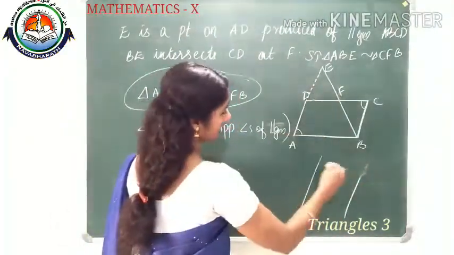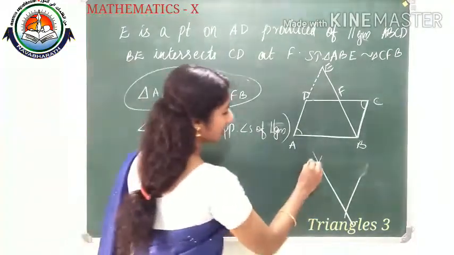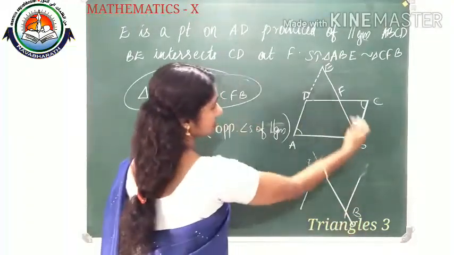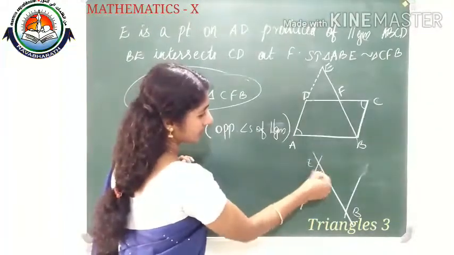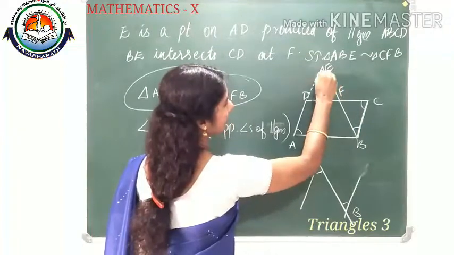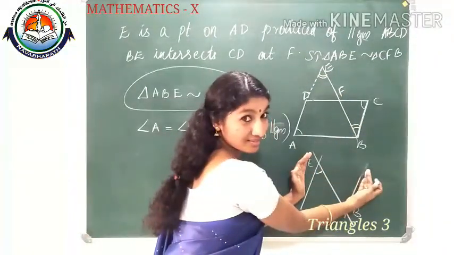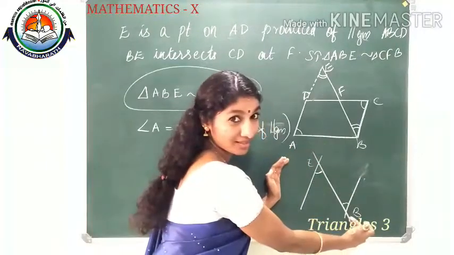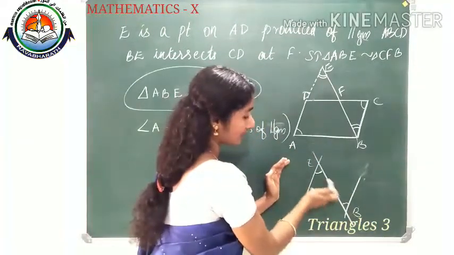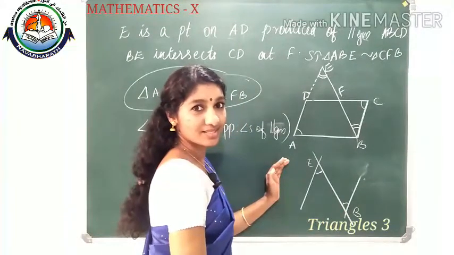And what about this line? See, this is EB. What about these two angles? See, two parallel lines cut by a transversal, and these two angles we call alternate angles, isn't it?